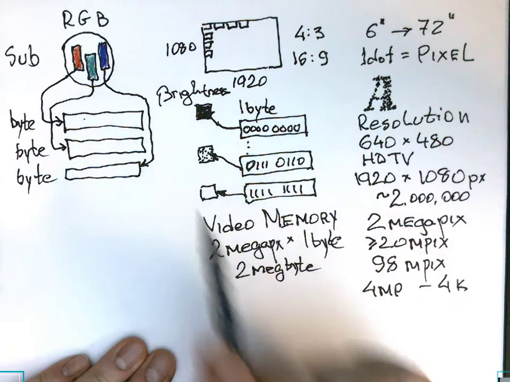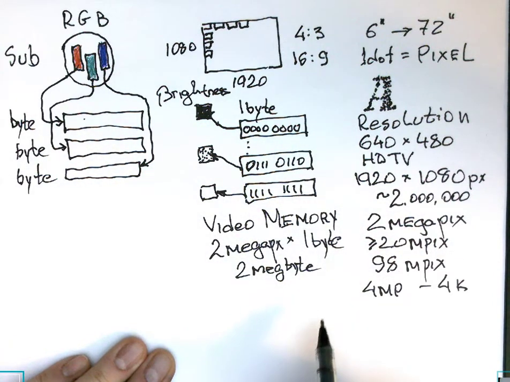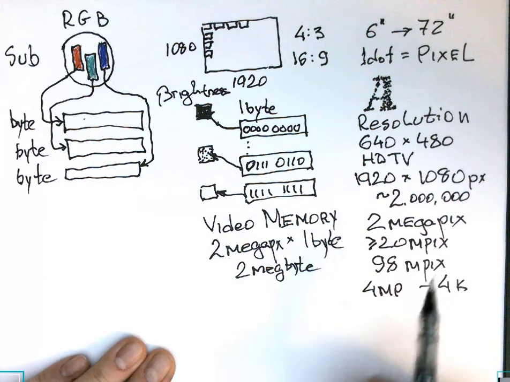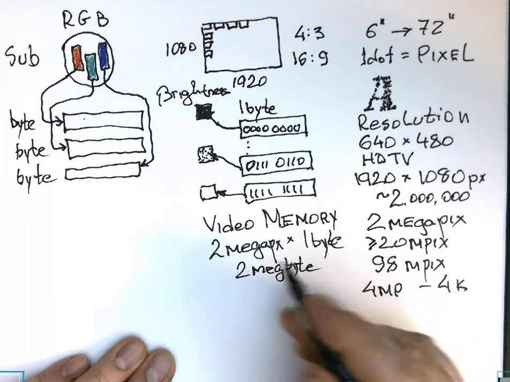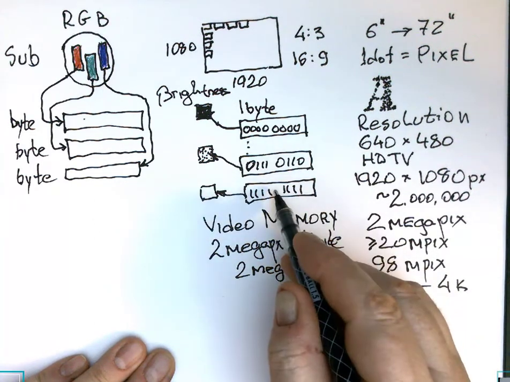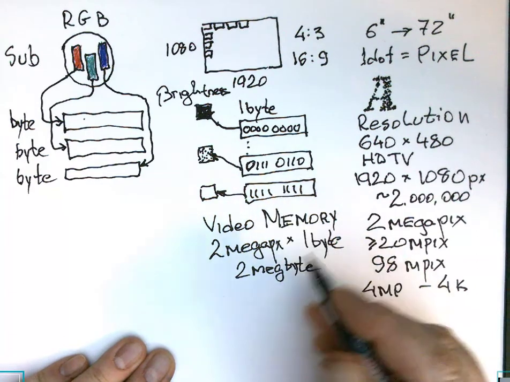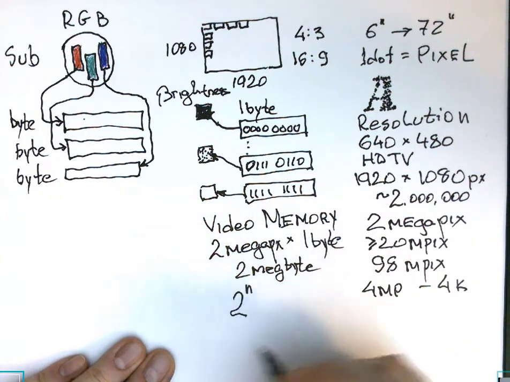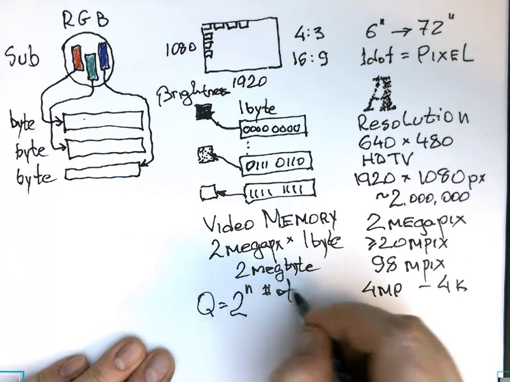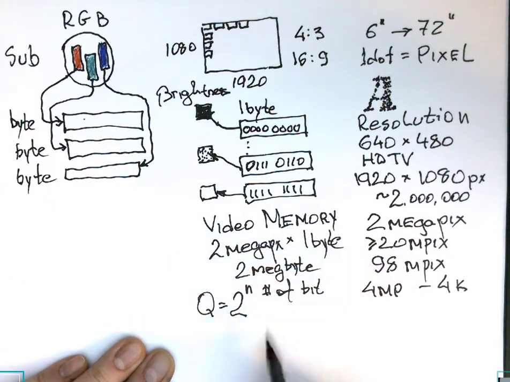But folks, one question will be on the exams. If we have 1 byte per pixel, how many shades of gray can this pixel display? This is about this diagram. Folks, we know that the number of combinations in the pixel, which equals the number of combinations in a byte, is equal to 2 to the power of n, where n is the number of bits.